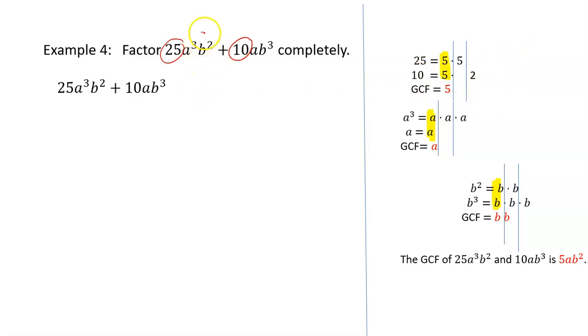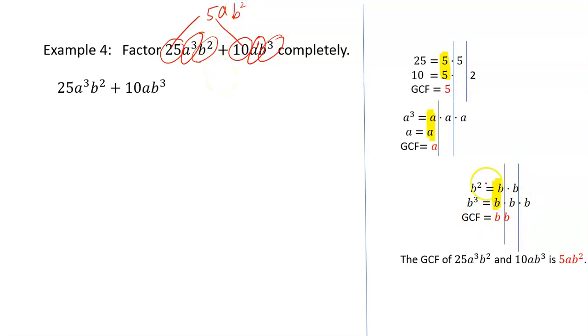And then I break down a third and a, and I found out they have a in common. So the tip that I gave you in the previous video is that you always use the lowest exponent. Compare 1 and 3. 1 is smaller. So first of all, 25 and 10, they have 5 in common. And a third and a, they have a in common. Just like 3 copies and 1 copy, they have 1 copy in common. And b squared and b third, take the lowest exponent, so you get the answer immediately.